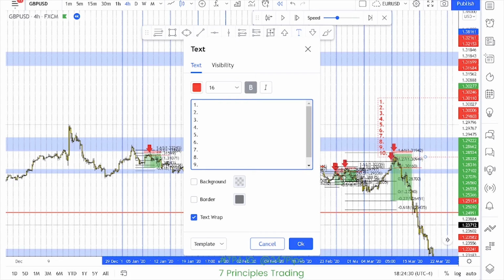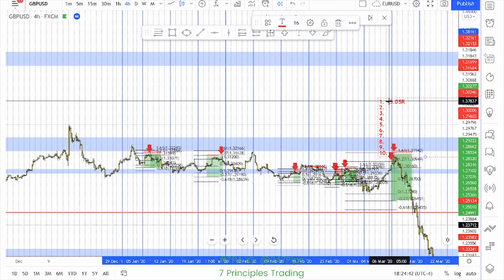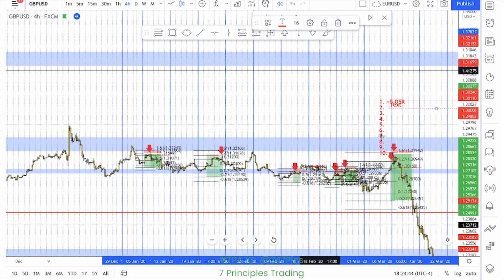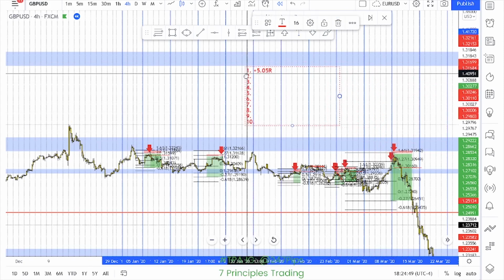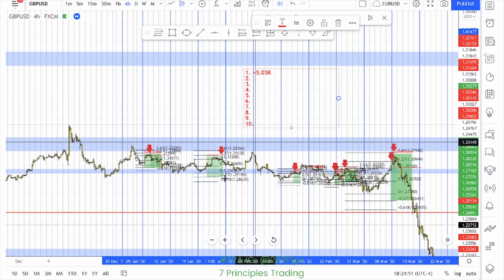Okay, and our first trade gave us a positive 5.05R. Okay, so that is really neat there. That's a good start. And one way that I think about it as well is every time I win, I basically have more to lose later on.